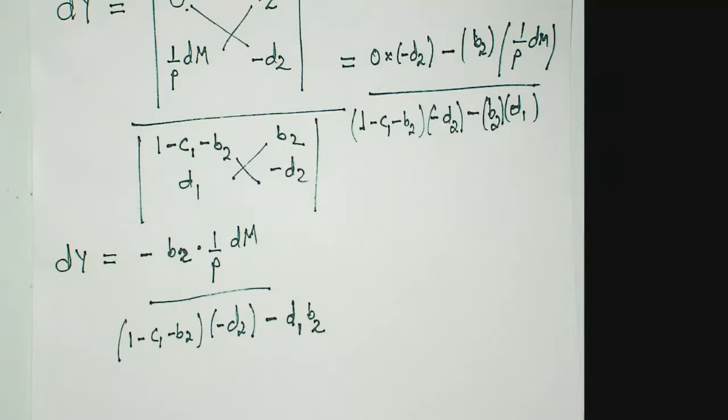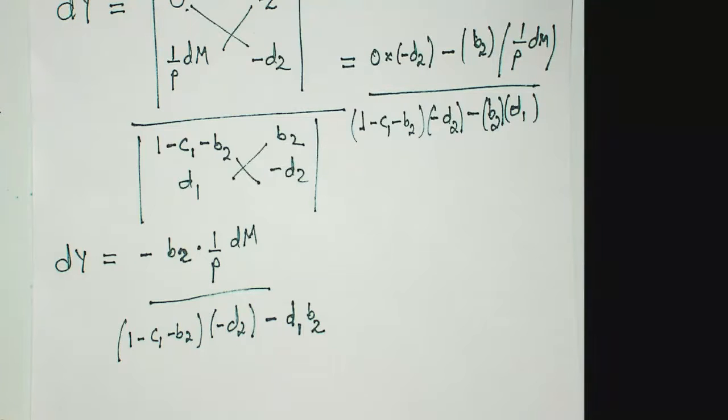So mathematically, this is again to say we want to know what would be our dy divided by dm, that is to say the change in our income with respect to the change in our monetary policy or the money supply M. So this is again mathematically to say what would be our dy over dm.